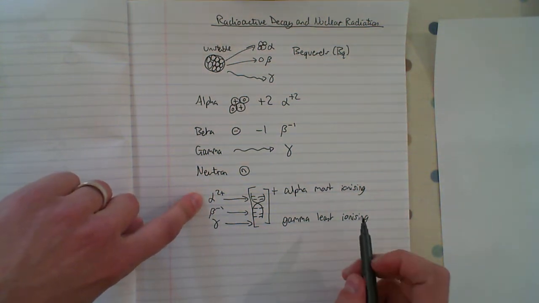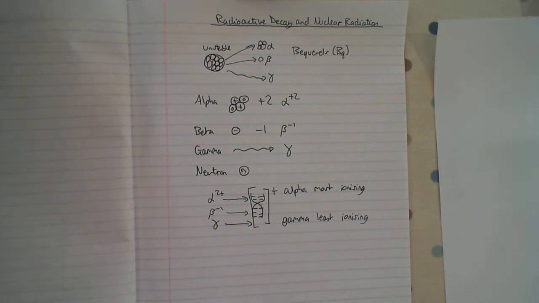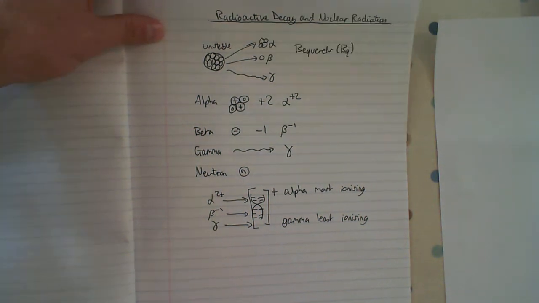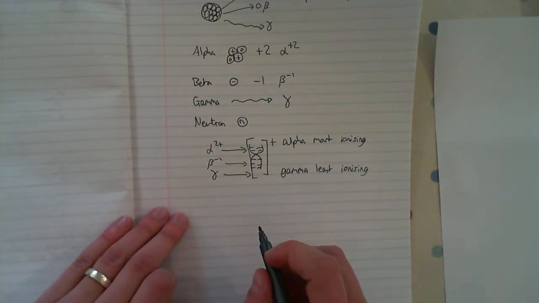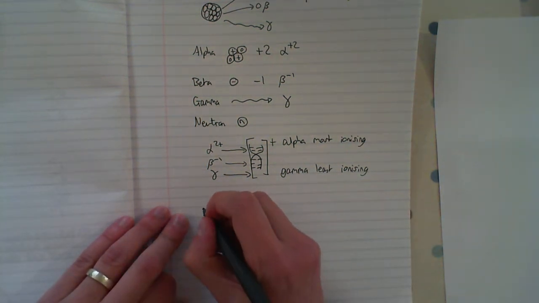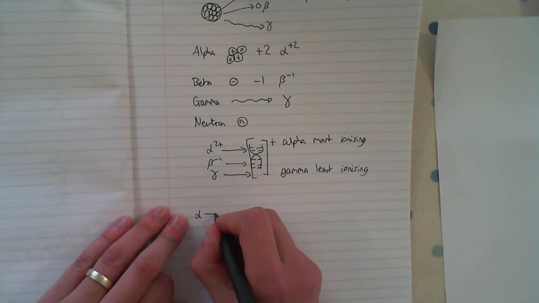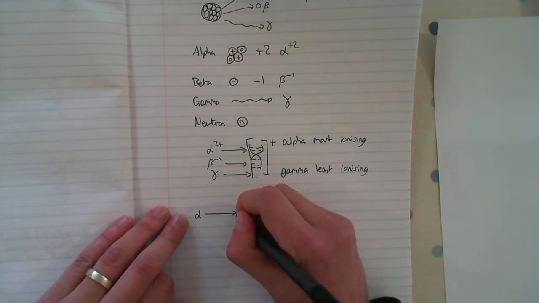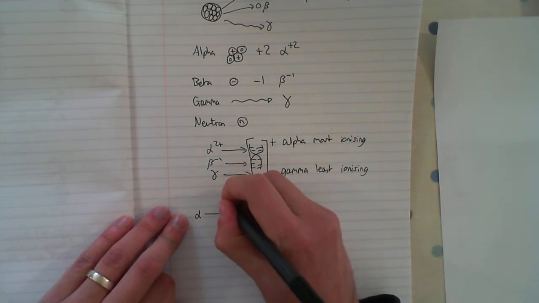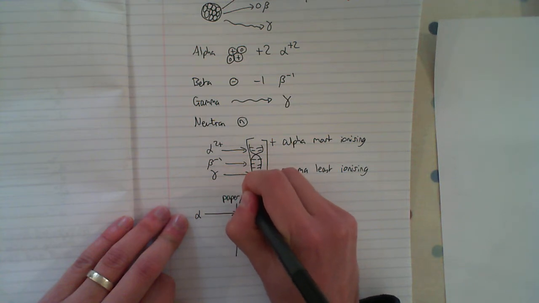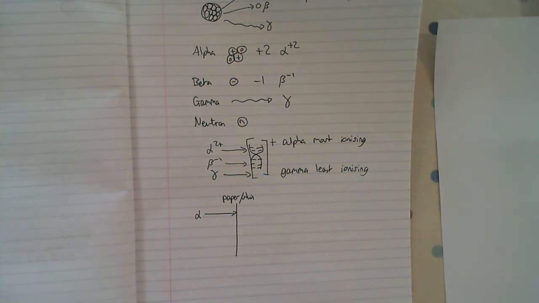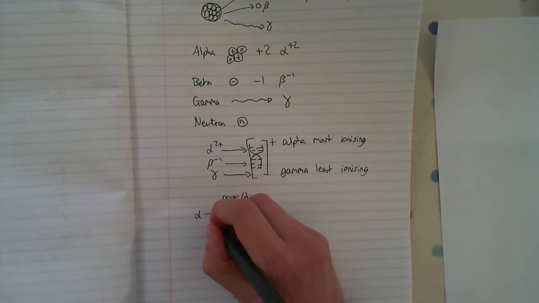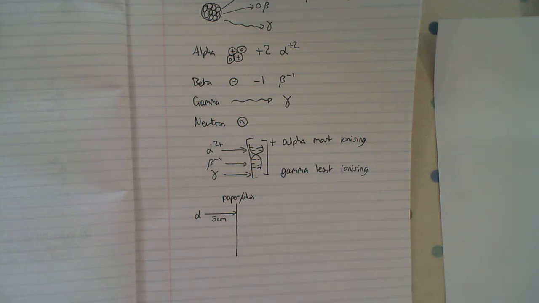So you would think that alpha is the most dangerous because it's the most ionizing, because it gives it the most charge. But that's not always the case because alpha is the least penetrating. Alpha cannot even go through paper or skin. So the alpha can't get inside your body because it can't even penetrate skin. It can actually only go a few centimeters, let's say 5 centimeters in air.